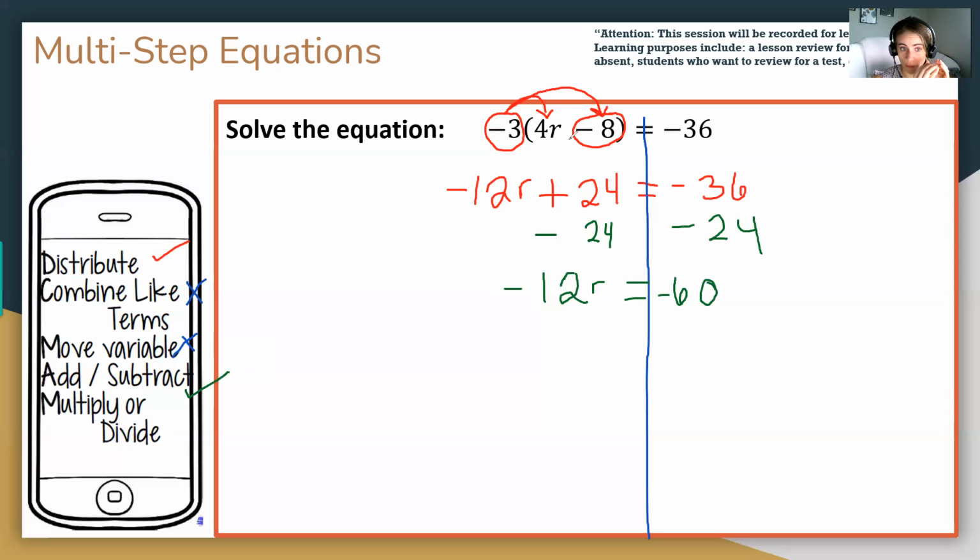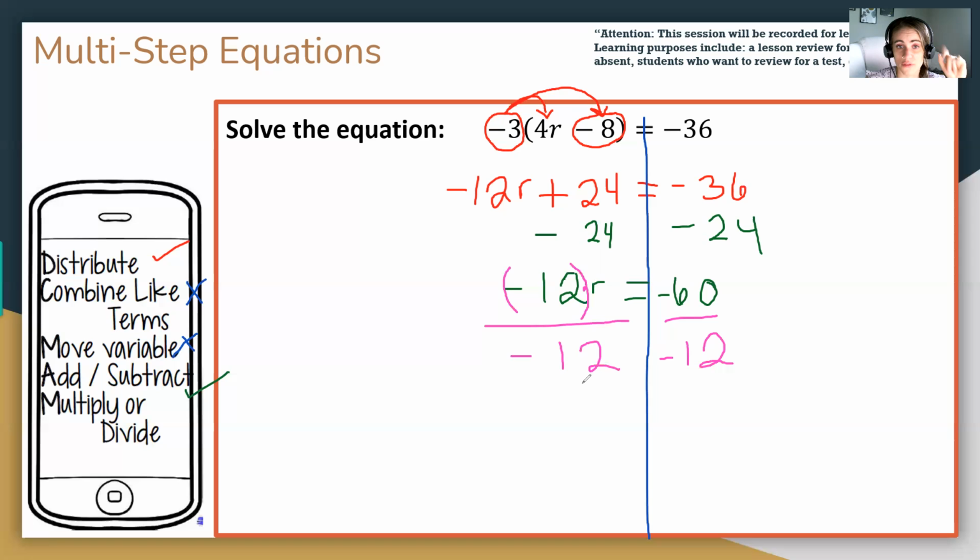It's -12r, which means -12 times r. We have multiplication here. You could even put some parentheses there to help recognize that that negative belongs with your 12. What's the inverse of multiplication? Division. So we're going to divide both sides by -12.